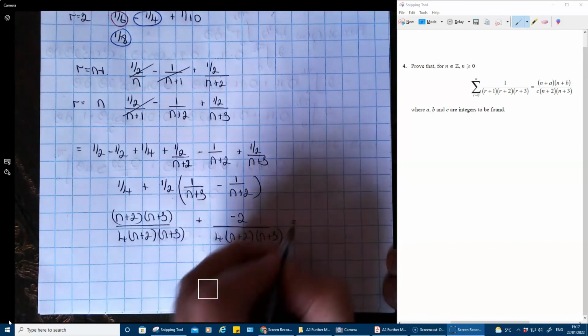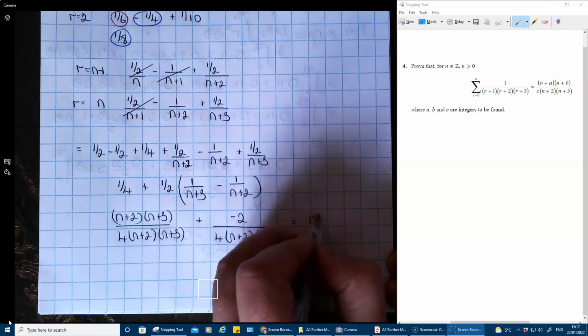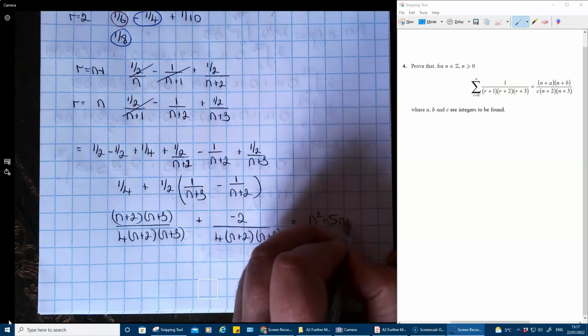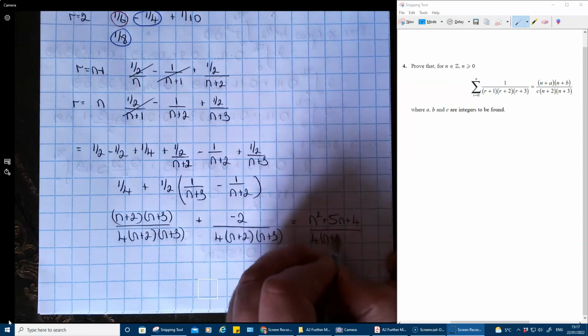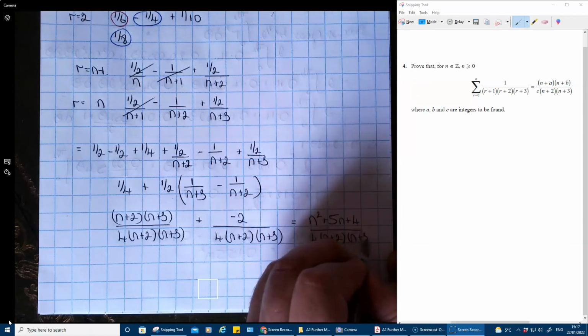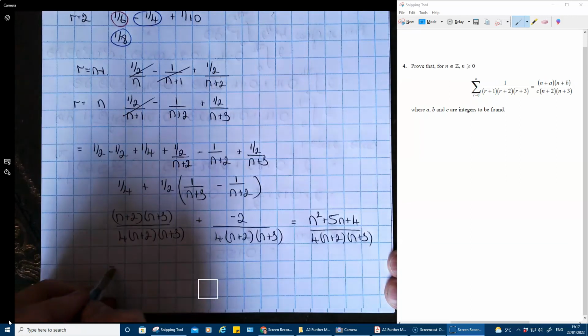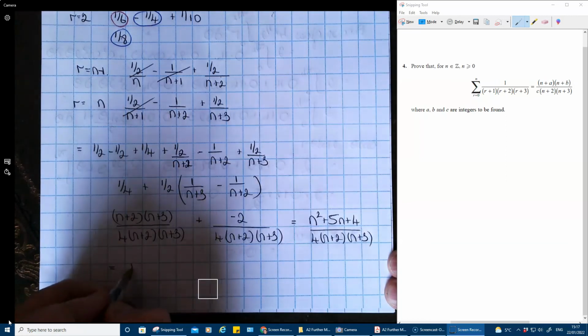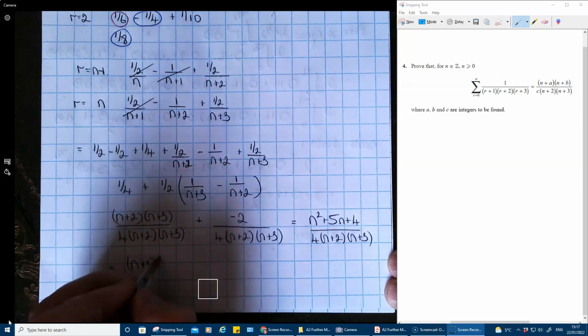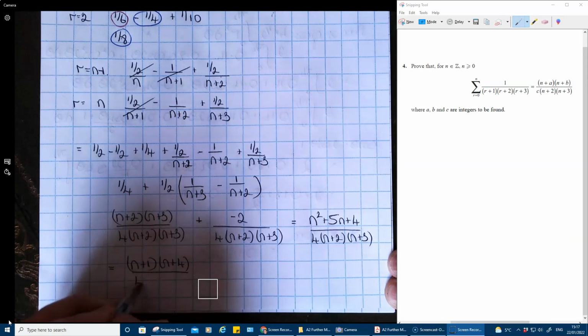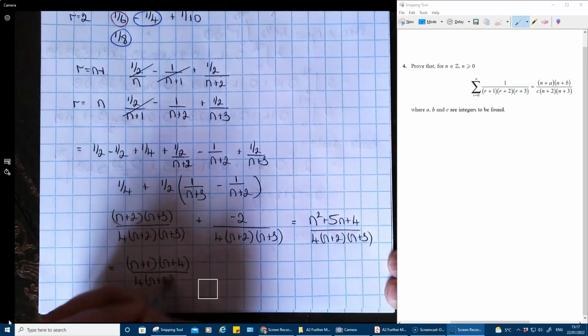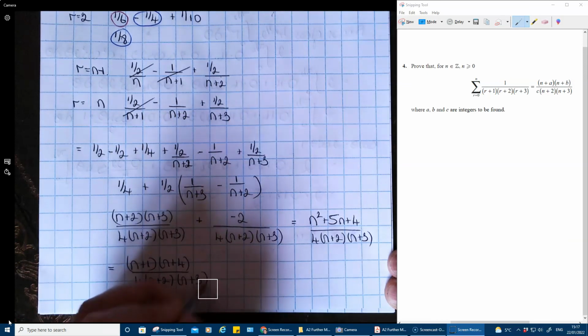Okay, and that will give me n squared plus 5n plus 4. So finally, the solution I'm looking for is n plus 1, n plus 4 over 4, n plus 2, n plus 3.